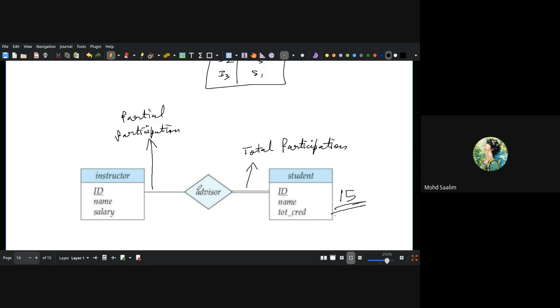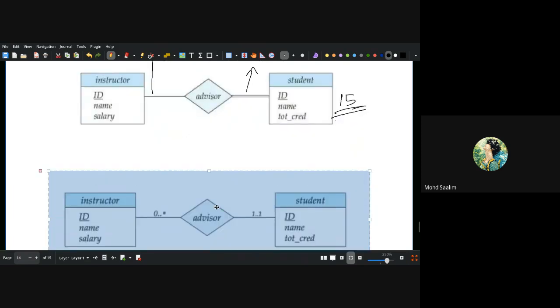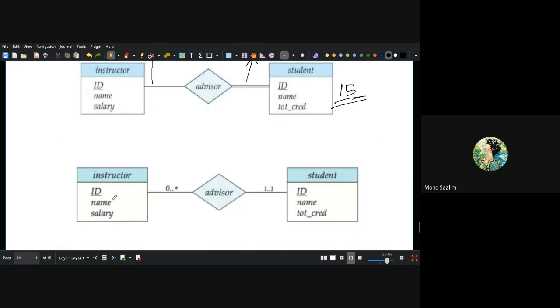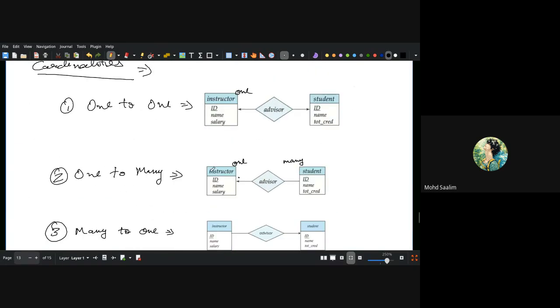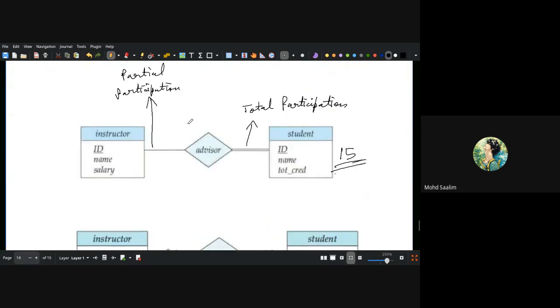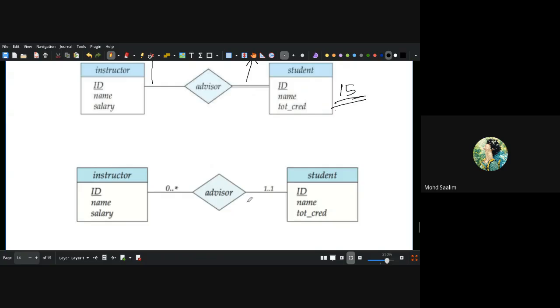There is also one more way to show the relationship. Of course, in this course we will stick with the way that we understood. But just to mention, if you see something like this on Google or somewhere else, you should be able to understand its meaning.